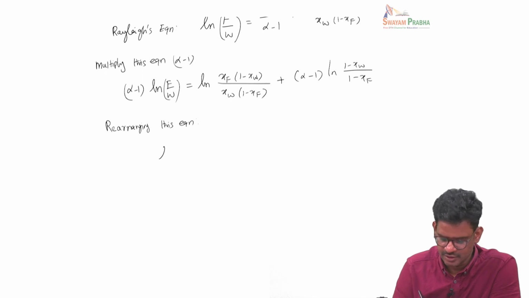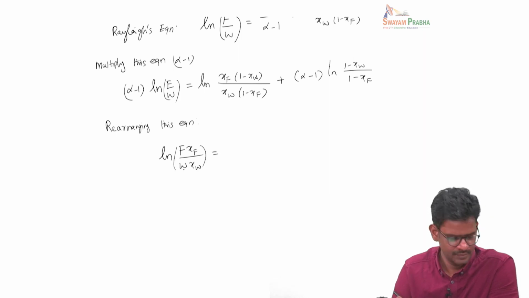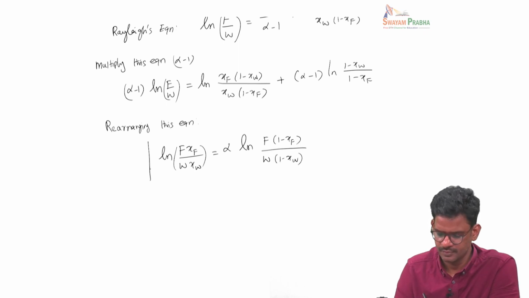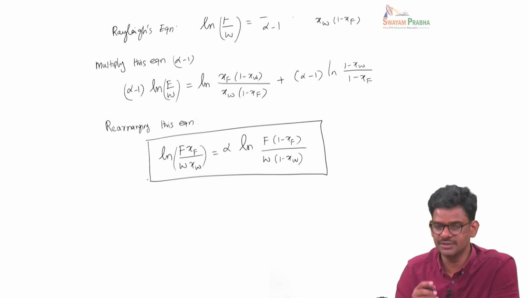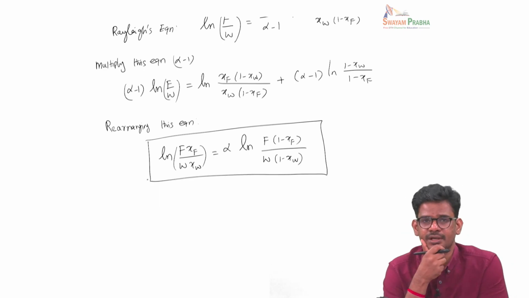We will get ln of F XF by W XW is equal to alpha ln of F times 1 minus XF by W times 1 minus XW. So, this is also Rayleigh's equation, but in a slightly different form.